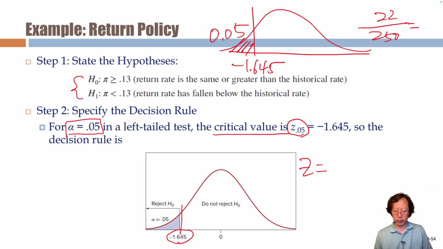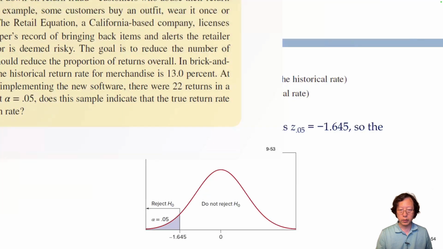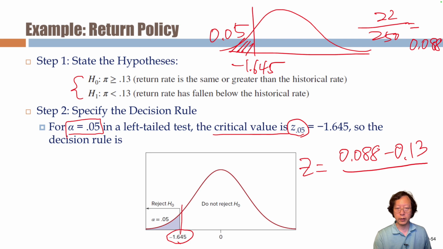22 over 250 is 0.088. This is significantly small. So 0.088 minus the mean, which is what we assume, 0.13, divided by... here, what proportion should I use?